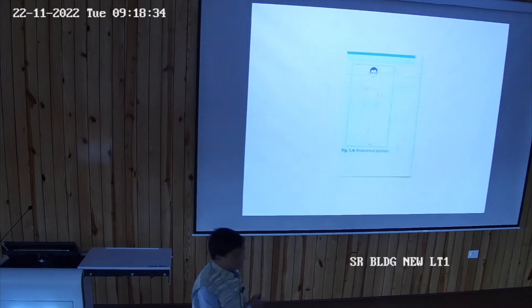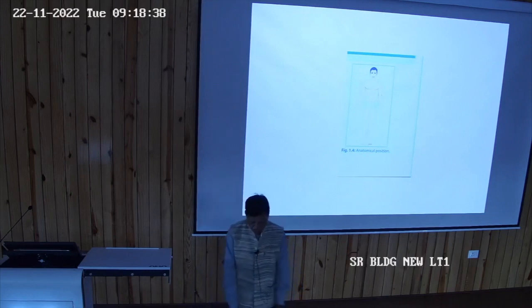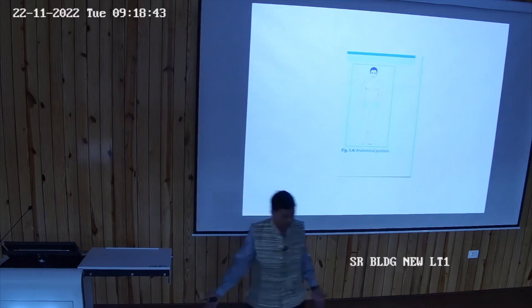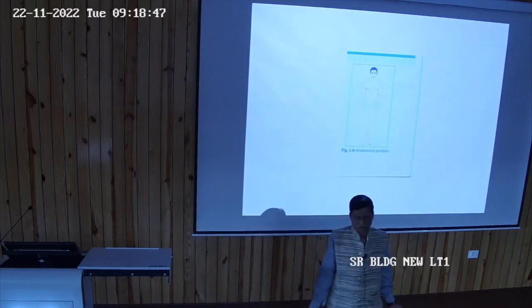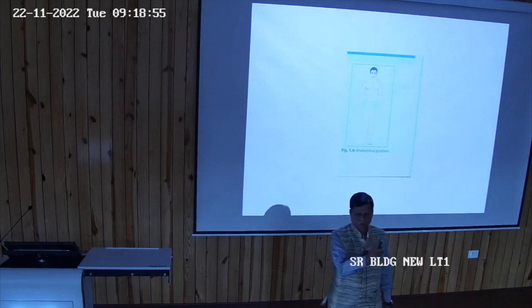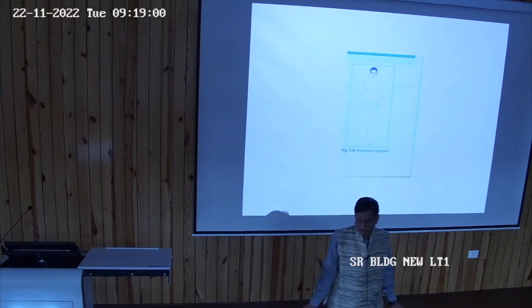When the person is standing erect, and look here, the feet are in closed position, arms are by the side of the body, and another thing, looking straight, neither on the left side nor on the right side, nor downwards nor upwards, looking straight. This is the anatomical position.